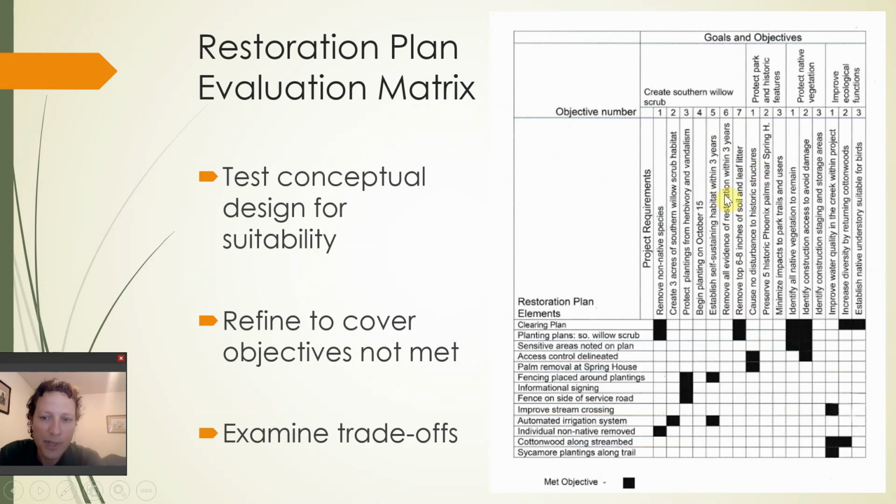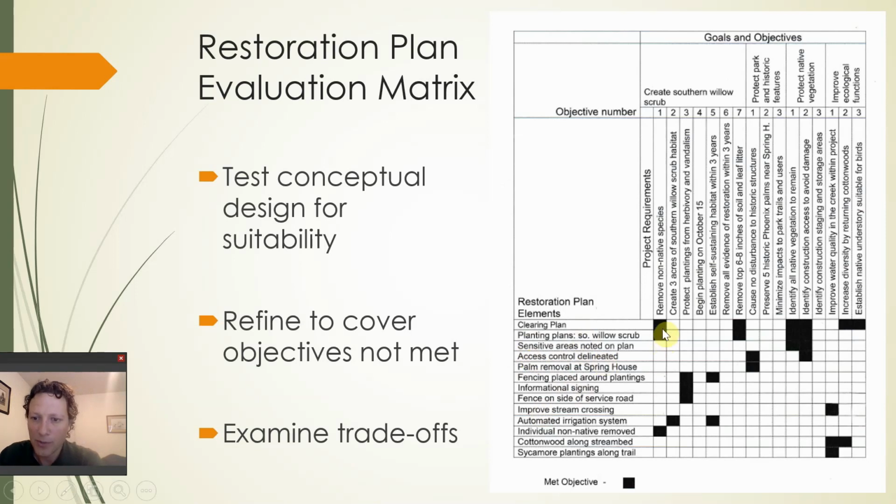So what you do is you take the design, the map, and you dissect it for all of its elements. So if you look at the map, you might see, okay, they've got a clearing plan, they've got a planting plan, they have noted sensitive areas that you don't want to disturb, they are locating areas where they can control human access, etc., etc.